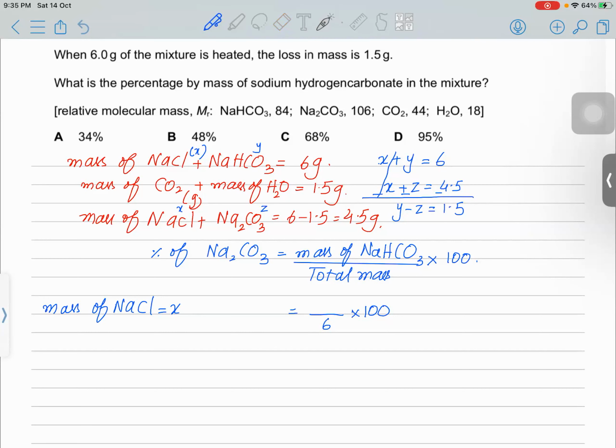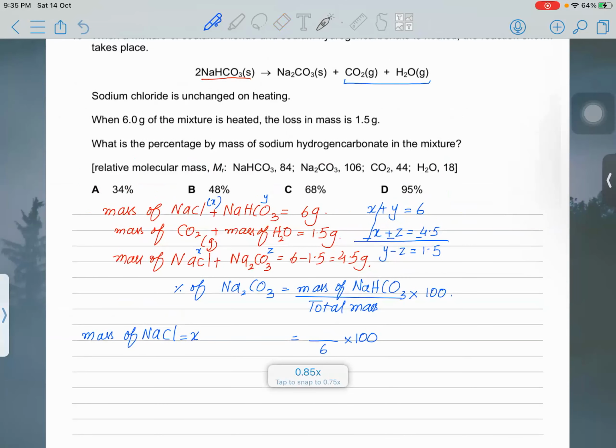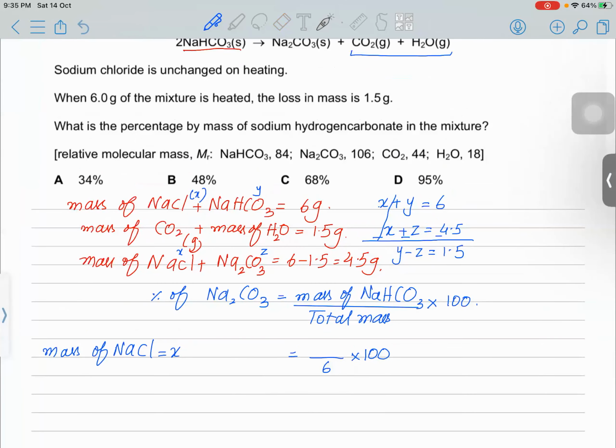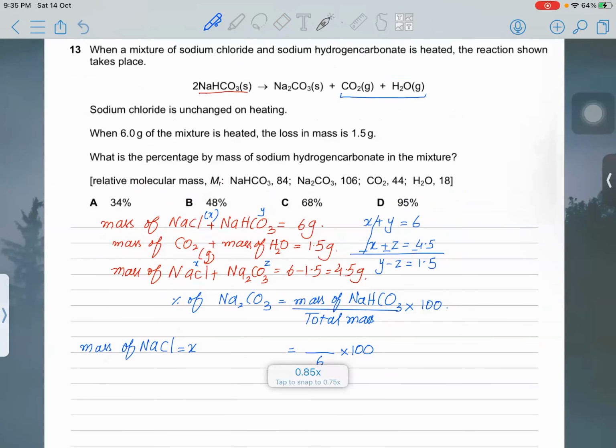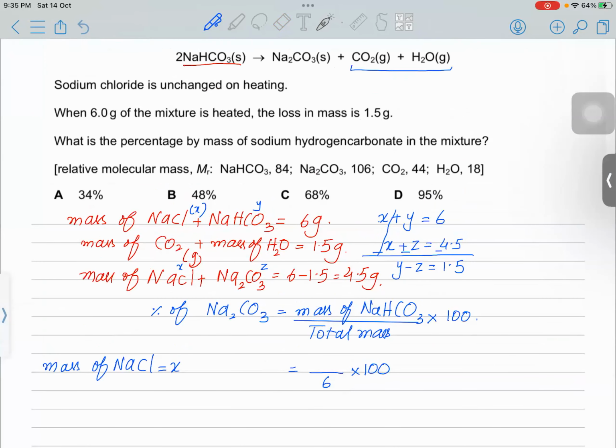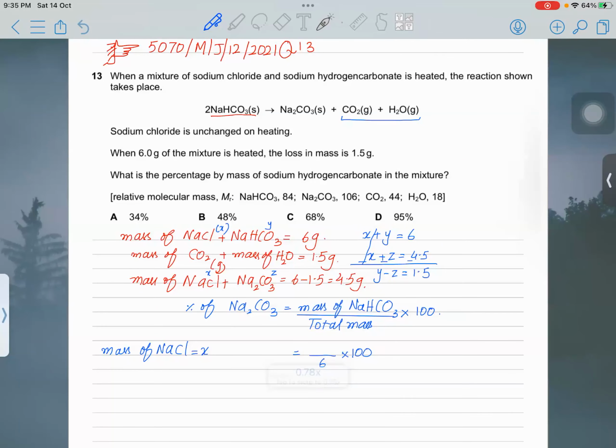This method is very difficult. So we have to search out an easy method because it is an MCQ question, right? Yes. Anyone give any idea?